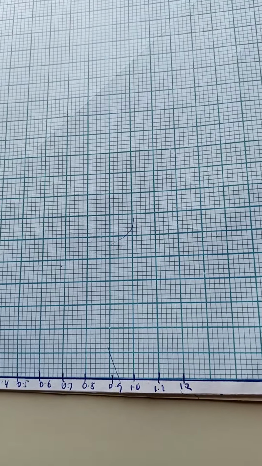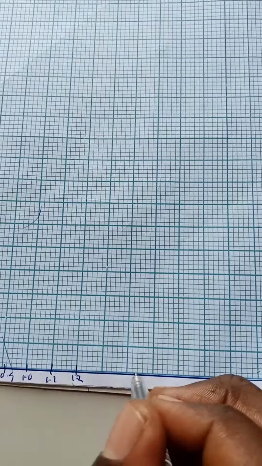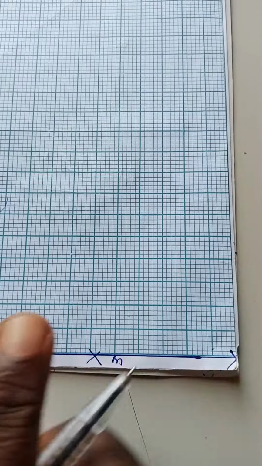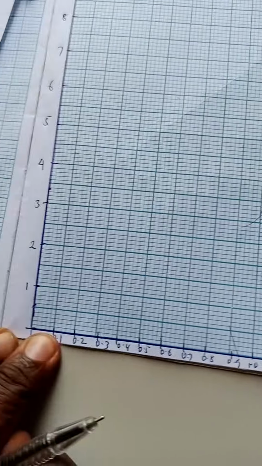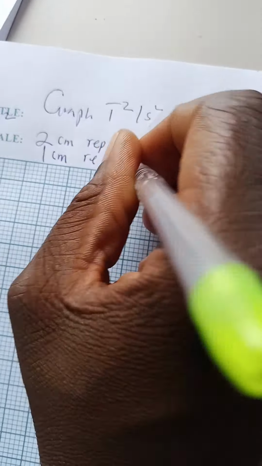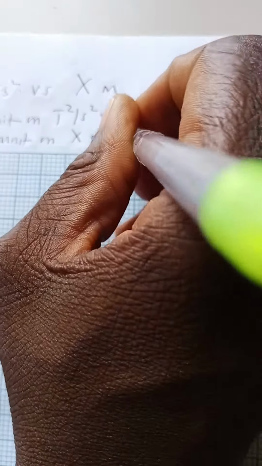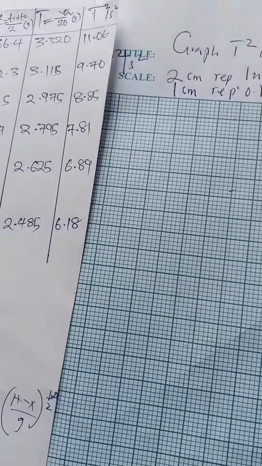It cannot repeat itself because we have covered almost more than half of the graph. So therefore, the scale on the x-axis in centimeters stops here. And we have 1 centimeter represents 0.1 unit on our x-axis in meters. So therefore, since we have computed our composite table, let's go straight forward and plot the points.